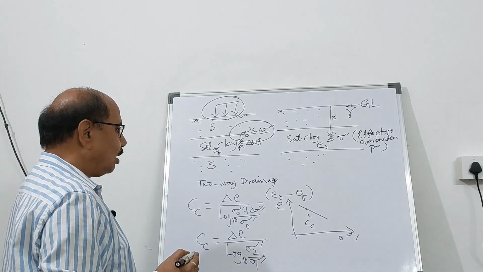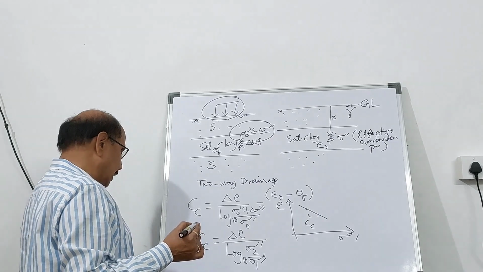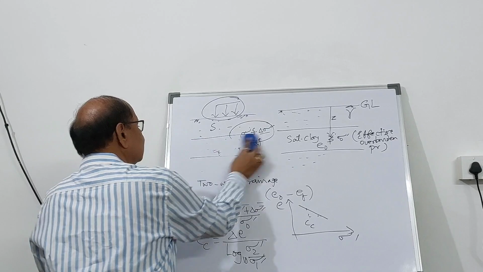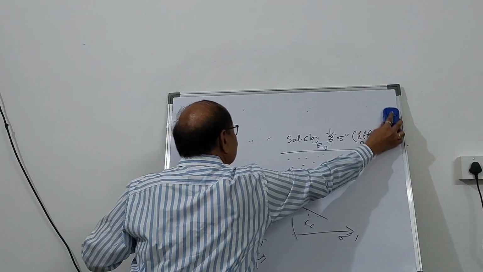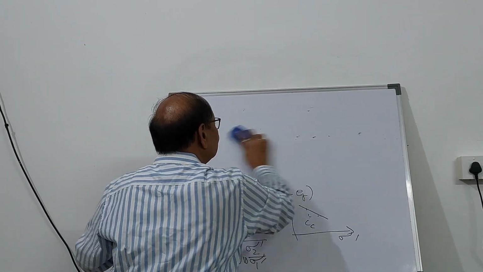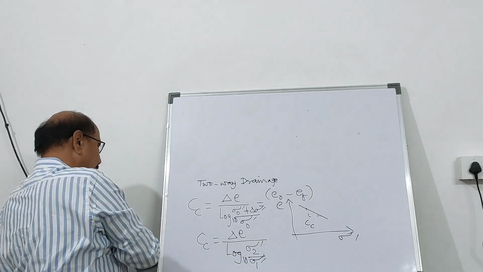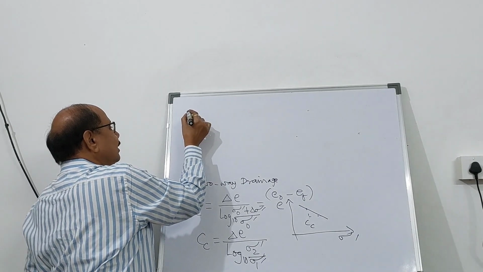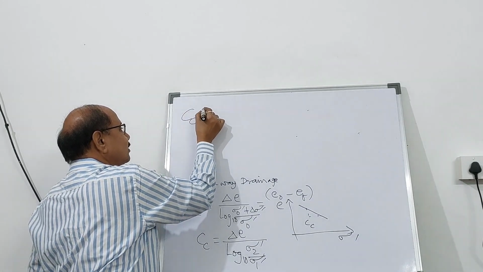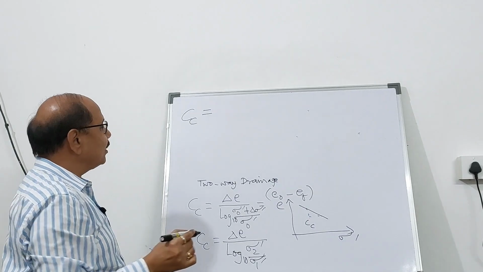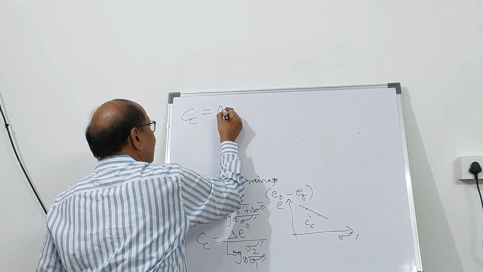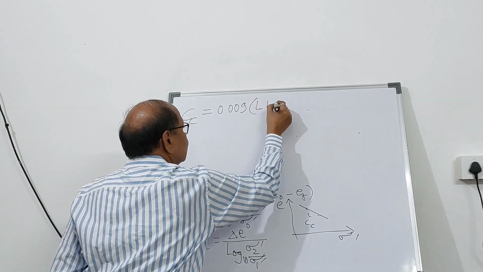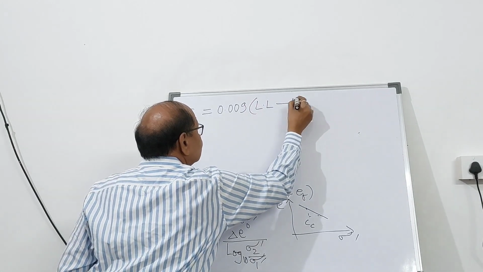Also, from empirical relationships we can find out the value of Cc. Way back in 1944, Skempton gave a very simplistic empirical relationship for calculating the compression index Cc, and this compression index is given by Cc equals 0.009 times liquid limit in percentage minus 10.